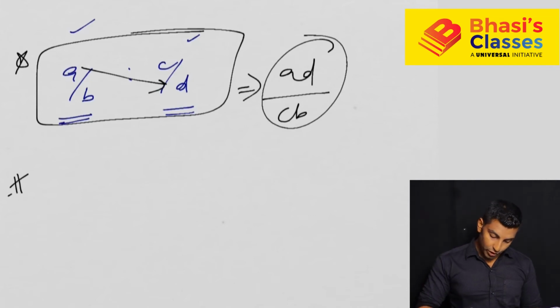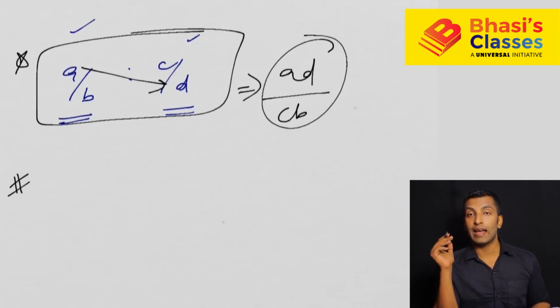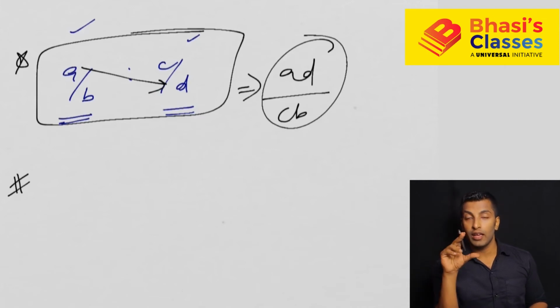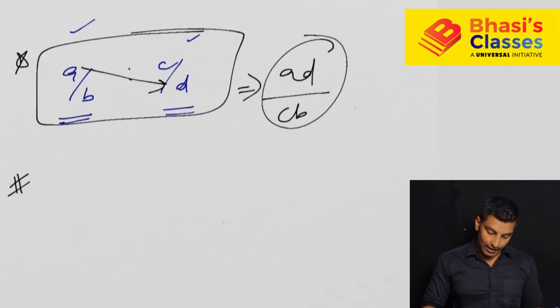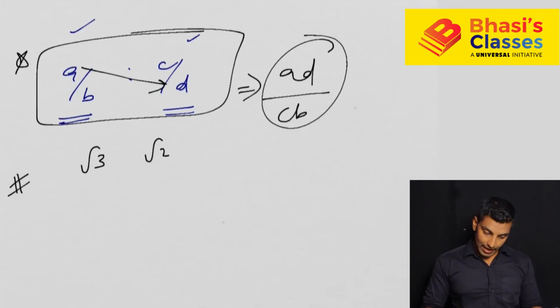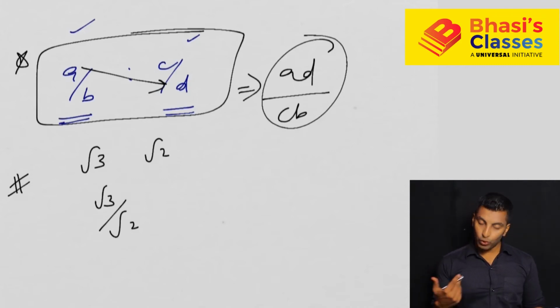This point that I am going to discuss is very important because you can use it in many questions to eliminate answer choices. See, in this fraction, if one of them is irrational, like let's suppose root 3, root 2, pi, etc. Let's take an example, root 3 by root 2. Here, two are irrational.